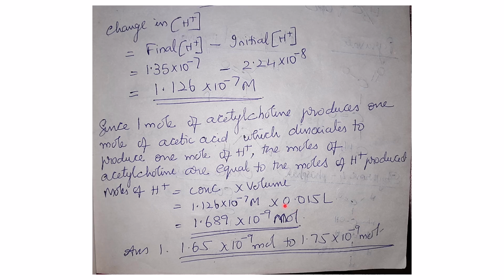You have to convert it into liters because molarity is for liters, not for ml. So 0.015 liters. That will give you around 1.75 into 10 raised to minus 9 mole, and that will be your option 1 as the answer.